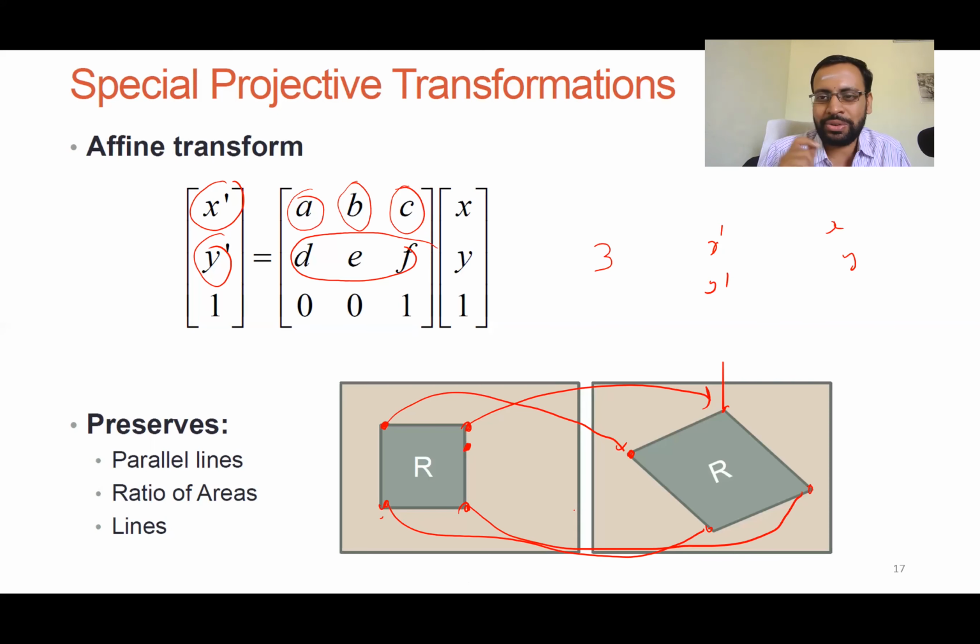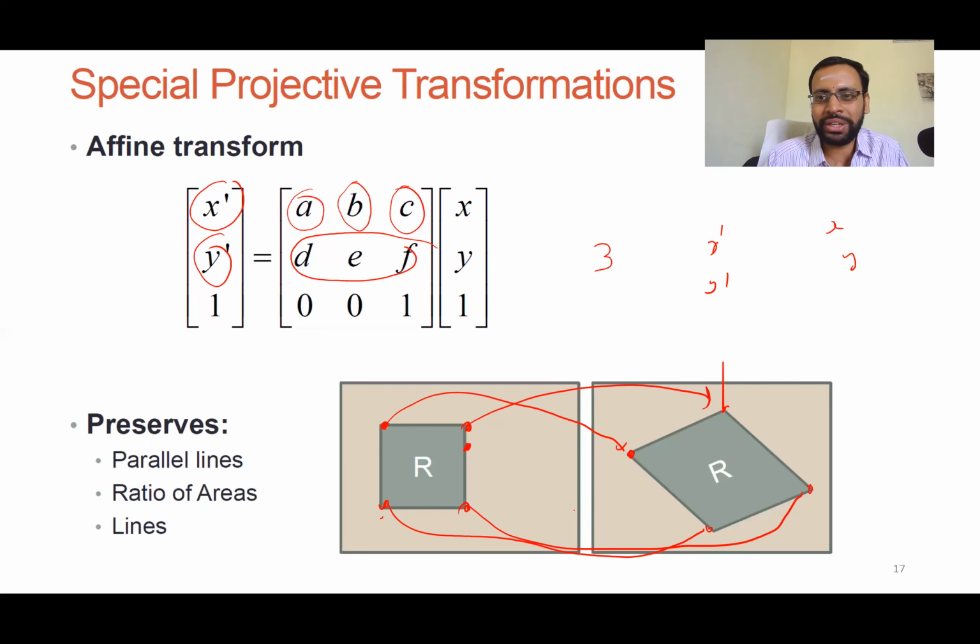Is that fine? Now I will ask you an even further simplified question so that most of you would be able to answer it. There is a translation happening from this object to this object. So how many sets of points should I give you in order to compute this matrix that represents a translation?